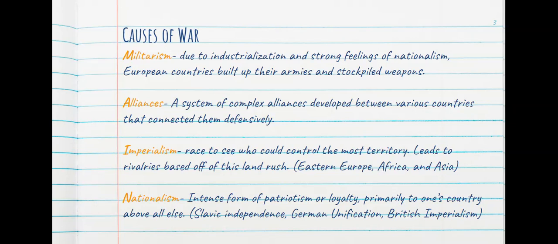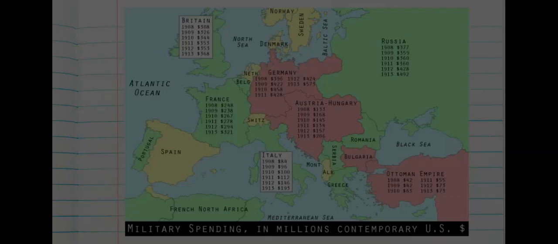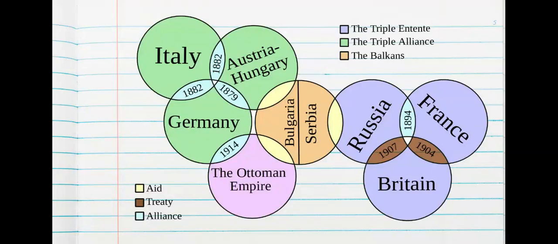So here's a visual aid to help you understand these alliances. Italy and Austria-Hungary signed an alliance in 1882. Germany signs an alliance with Italy in 1882 and with Austria-Hungary in 1879.